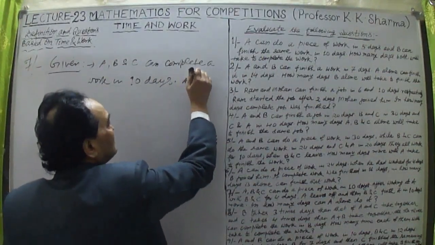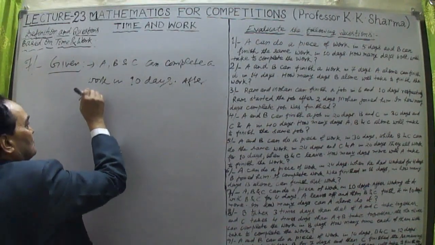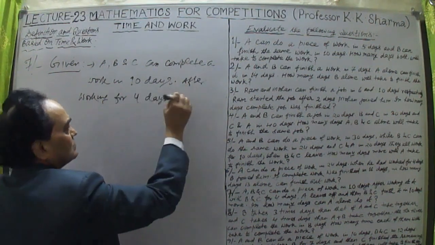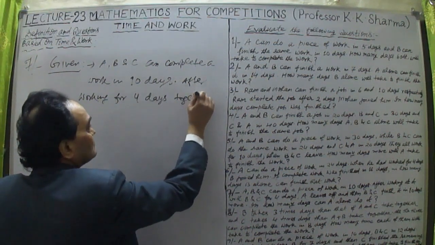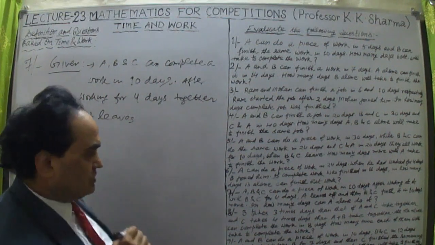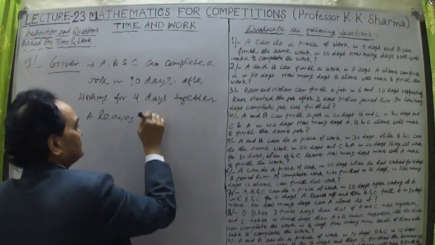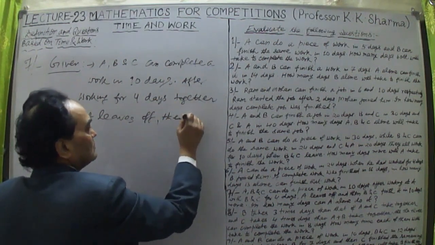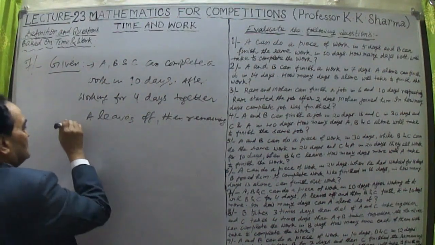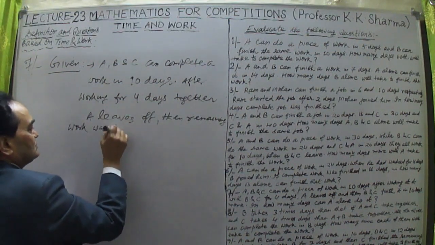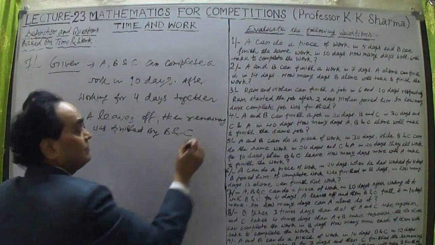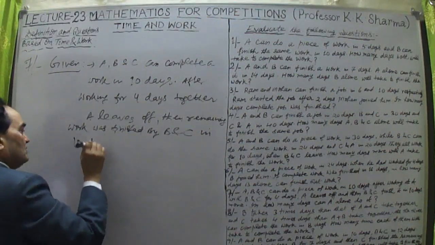And after working for 4 days together, A leaves off, then the remaining work was finished by B and C in 10 days more.